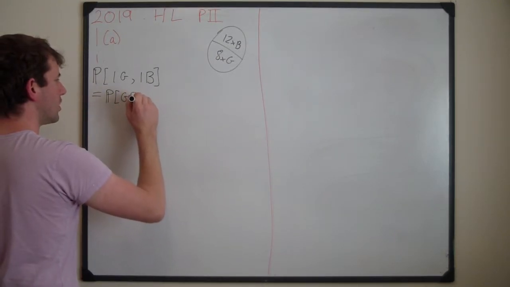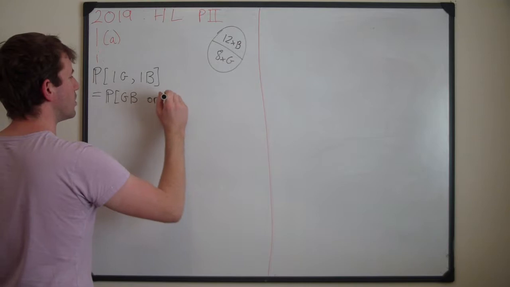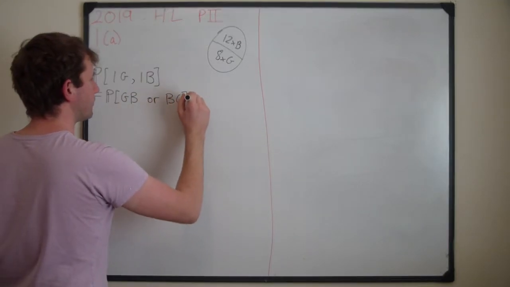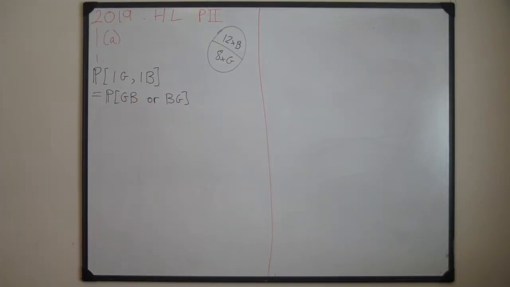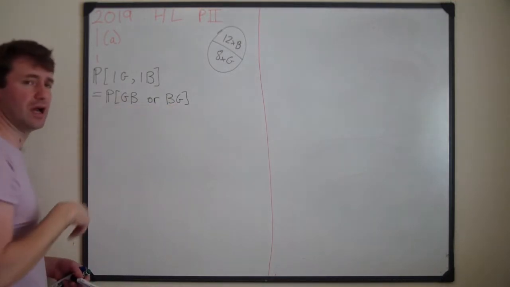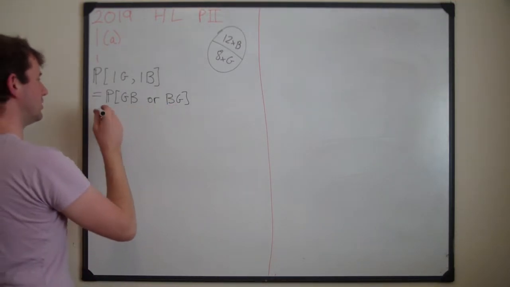girl-boy or boy-girl. Now one of the things about probability: when you have events that are called mutually exclusive, which means they can't happen at the same time, then the 'or' means plus.